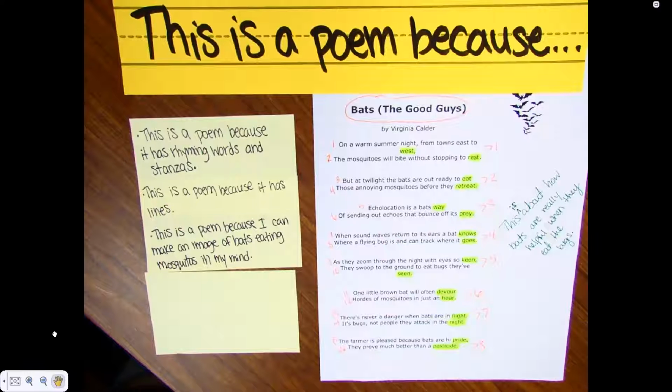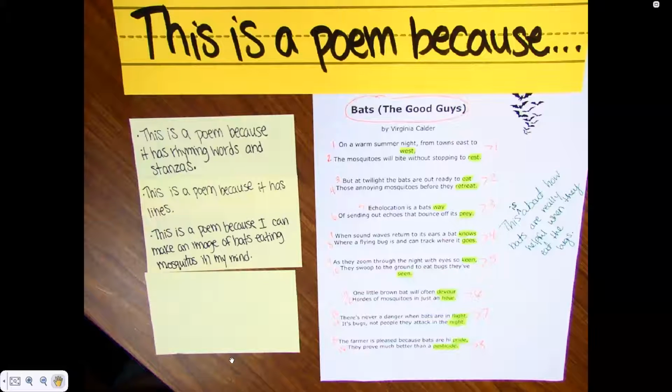Holly, what kind of feeling is it towards the bat? Is it a good feeling? Is it a bad feeling? Is it a happy feeling? I'd say a good feeling. It's a good feeling, right?